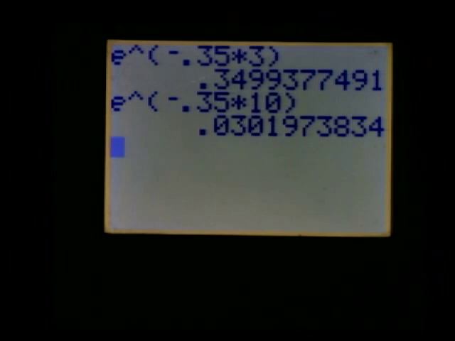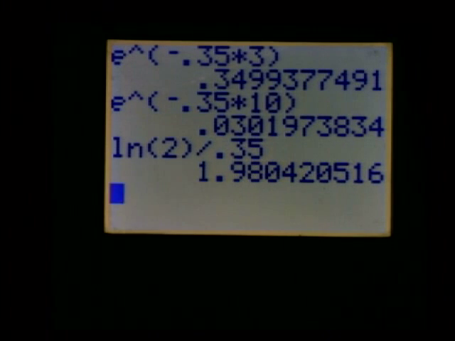And then, since we're looking at the screen here, let's go ahead and get that last answer, where we have natural log of 2 divided by 0.35. So now we have all of our answers that we need.